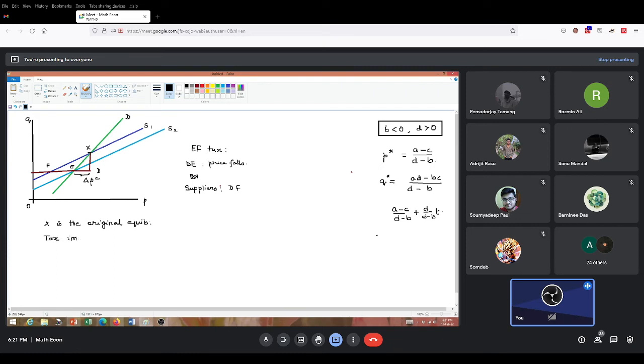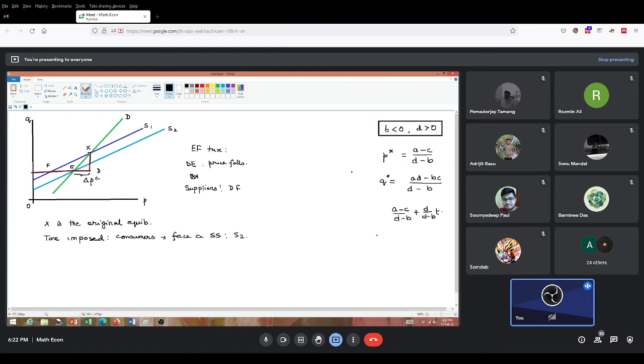So when a tax is imposed, consumers face a supply curve given by S2. But the producer supply curve remains S1.